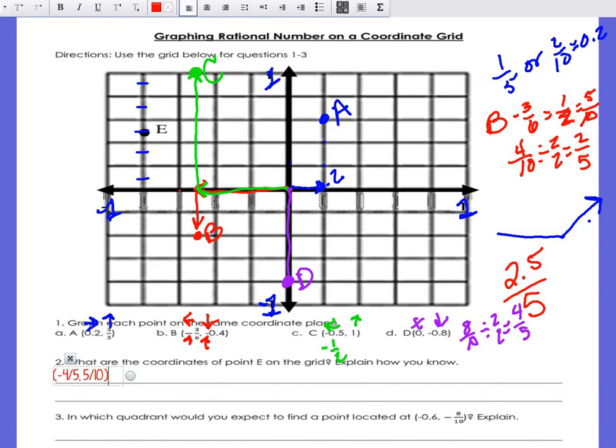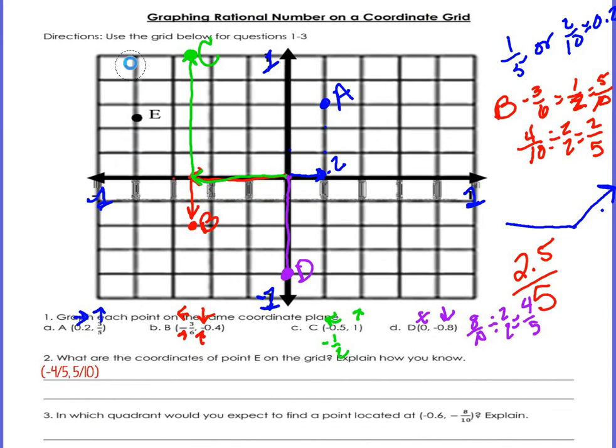Now, the other way to look at this is we could have said, so it's up 1, 2, 2.5. And remember that each of them is worth fifths, so this would be 2.5 fifths.